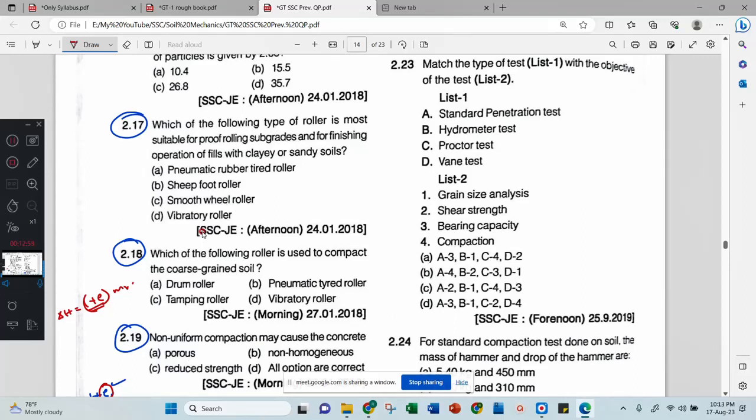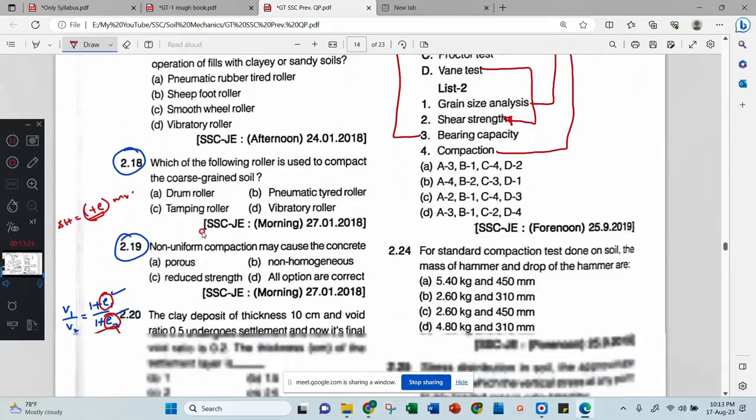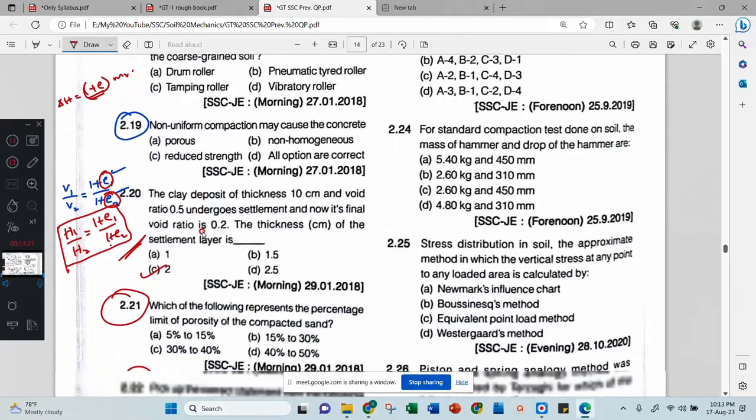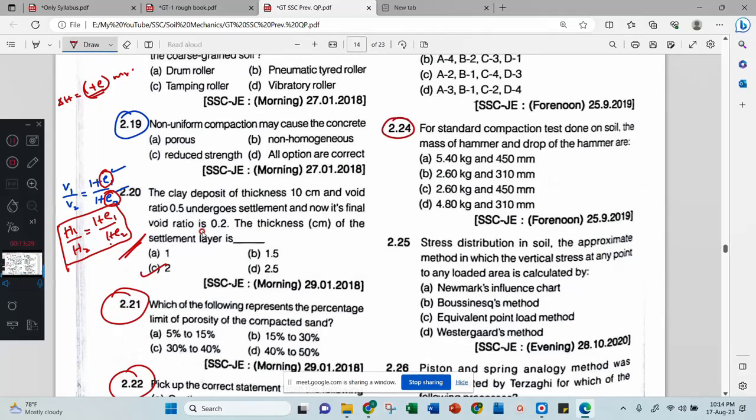Standard penetration test, bearing capacity. Hydrometer test, grain size analysis. Proctor test, compaction. Vane shear strength. This we can discuss later. Stress distribution later.